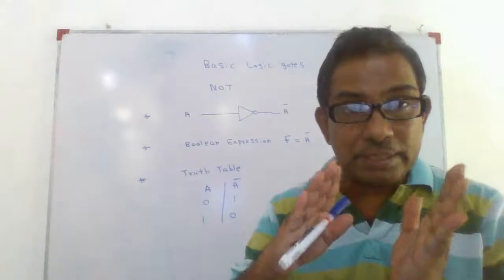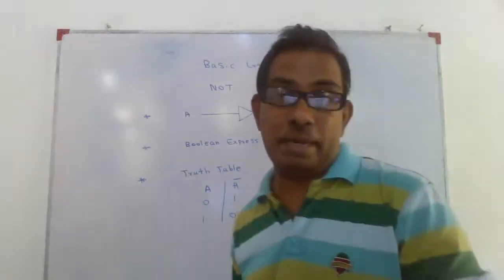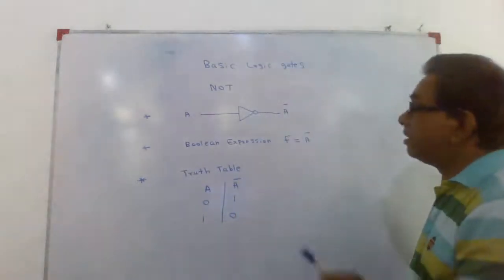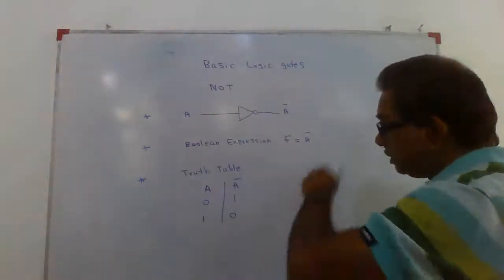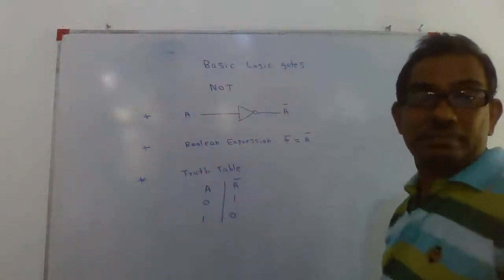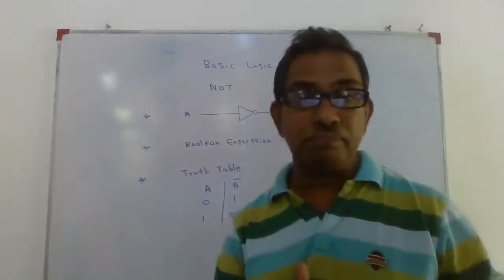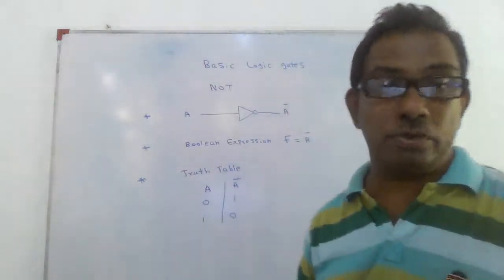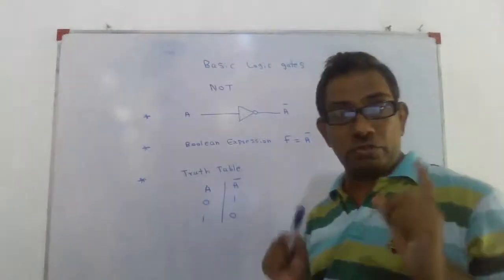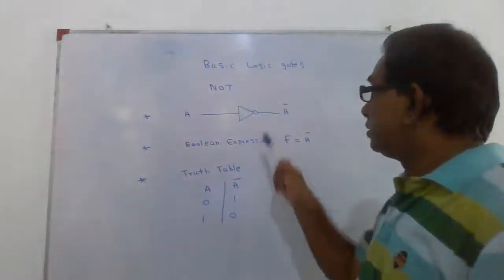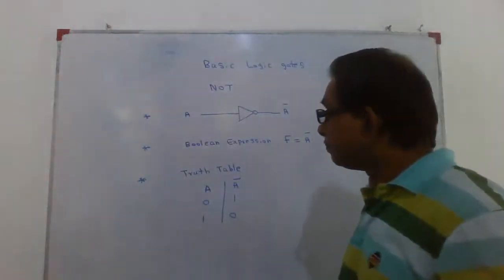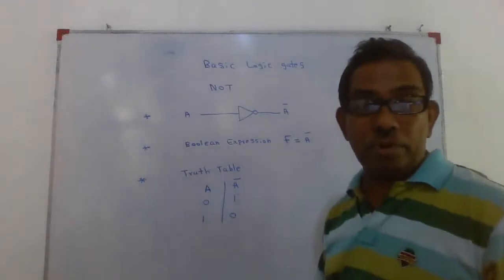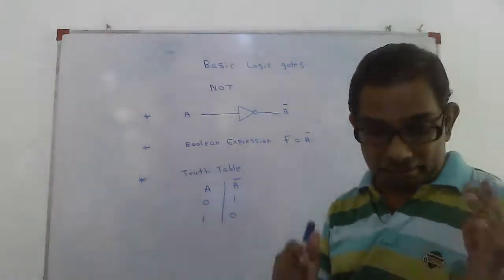Now, up to this, you can understand the NOT gate with these 3 features. Right. I think all of you may have understood this gate. Then I'm moving to the next part. What is that?